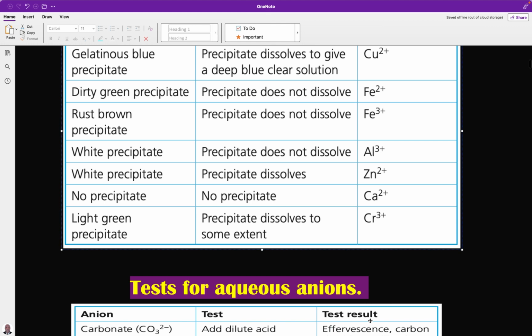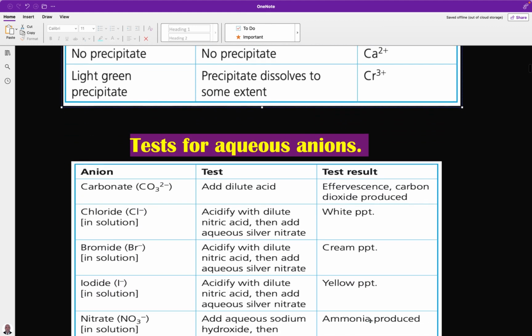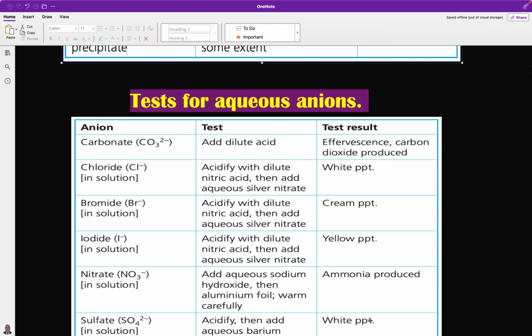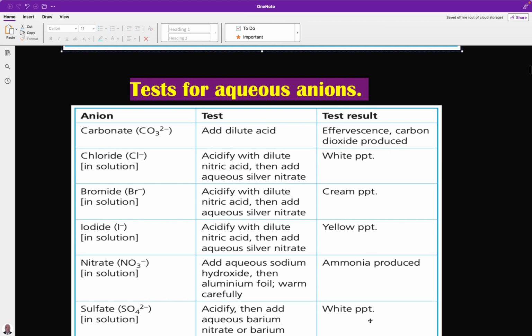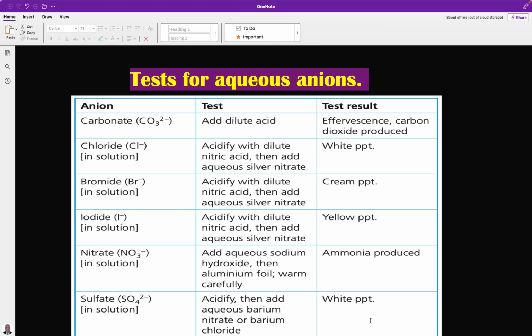Okay, now let's proceed. Testing for aqueous anions. We are starting with the anions, the test, and the result that you will see. Take for instance a solution containing a carbonate.